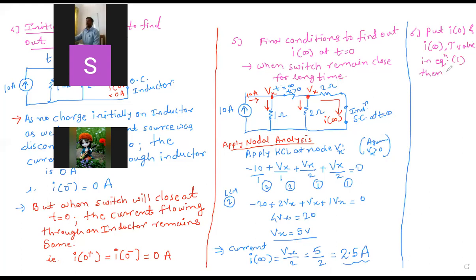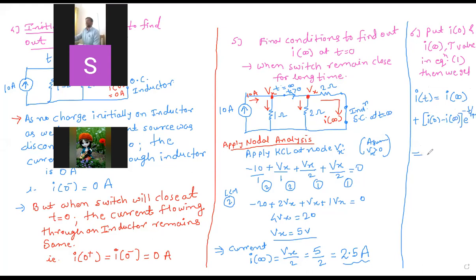Then we get I of t is equal to I of infinite plus I of 0 minus I of infinite into e raised to minus t divided by tau.